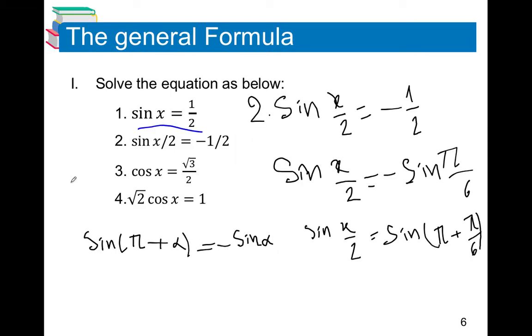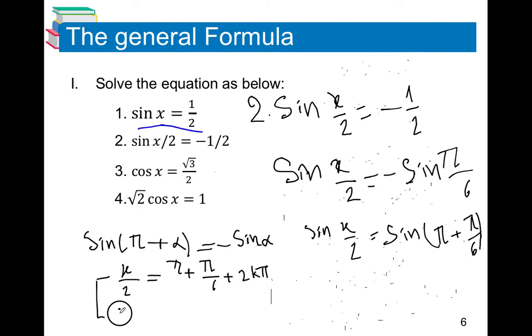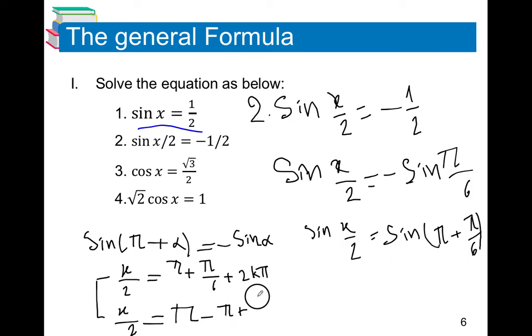Okay, so we can write like this. x over 2 equals pi plus pi over 6 plus 2k pi, and then x over 2 equals pi minus pi plus pi over 6, plus 2k pi.